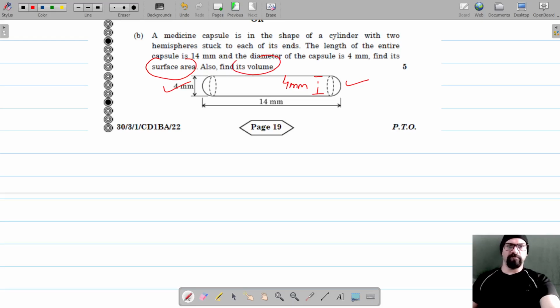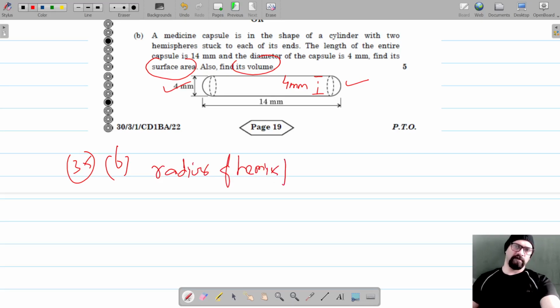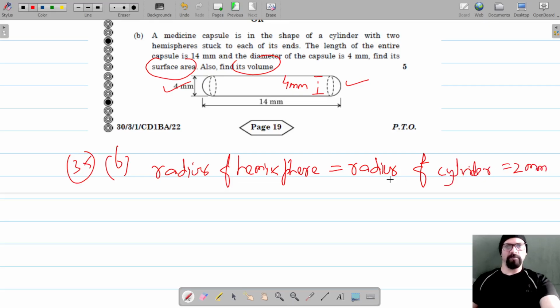Okay, so radius of hemisphere and radius of cylinder are same. So let me just write it down. Radius of hemisphere. This is question number 35, part B. There are two hemispheres stuck to two ends, so radius of hemisphere is equal to the radius of the cylindrical part, which is 2 mm.